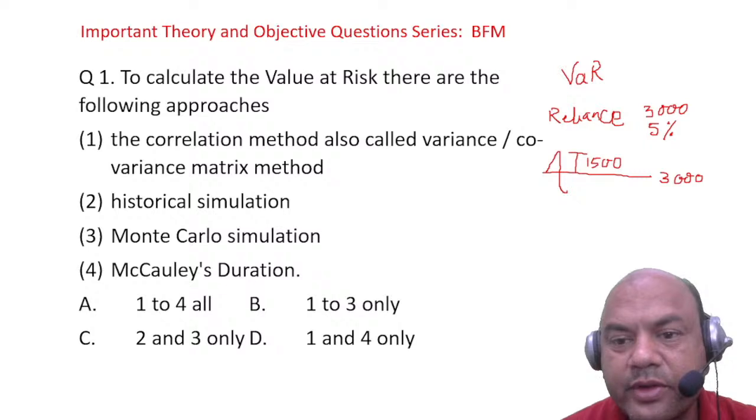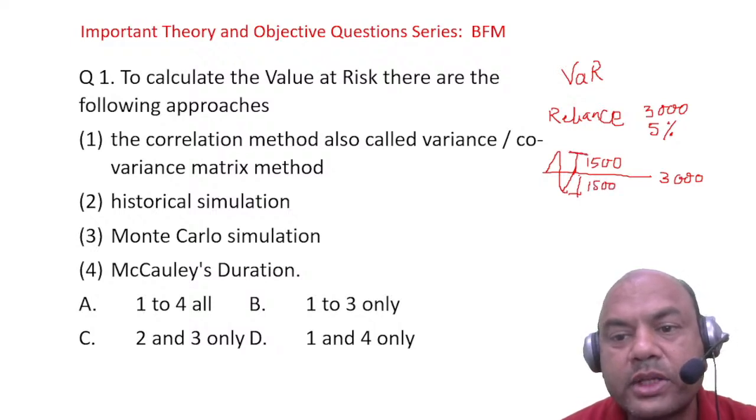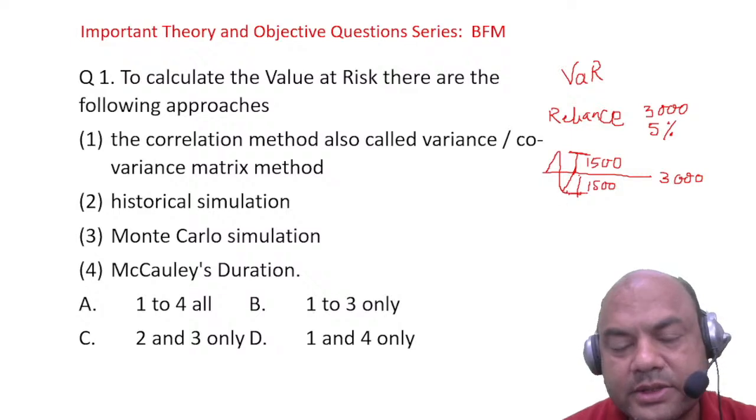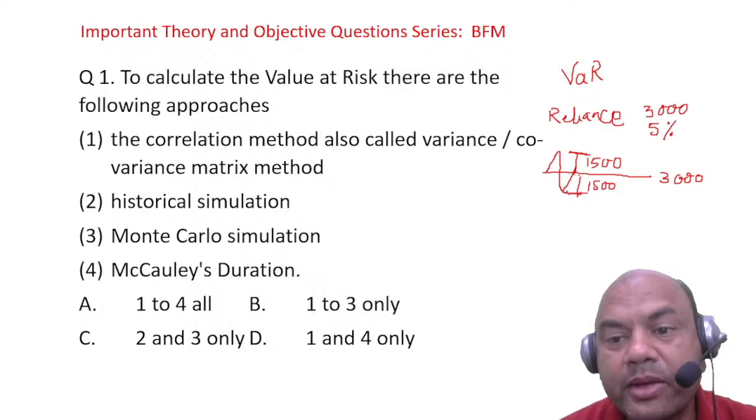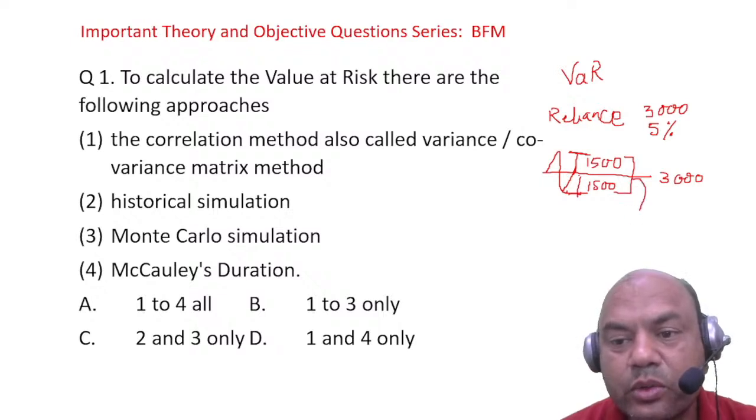If it is fluctuating 1500 on both sides in one month, then my VAR becomes the total of this.